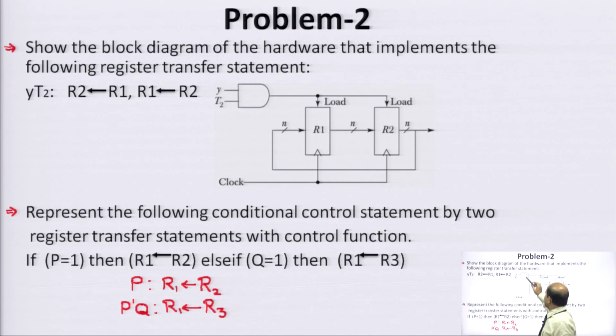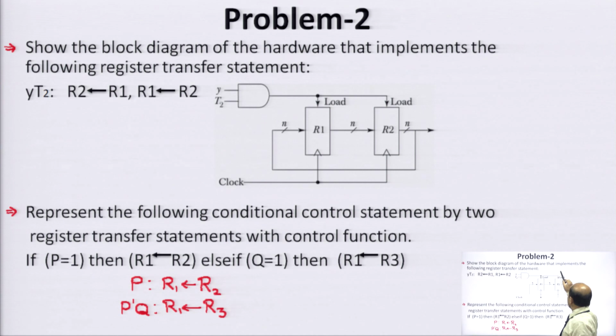Here you can see the Y and T2 inputs are given to the AND gate, and this is your register R1 and this is your R2 register, and the content of R1, that is n bit data, will be transferred to the R2 register, and this is a feedback connection to R1.